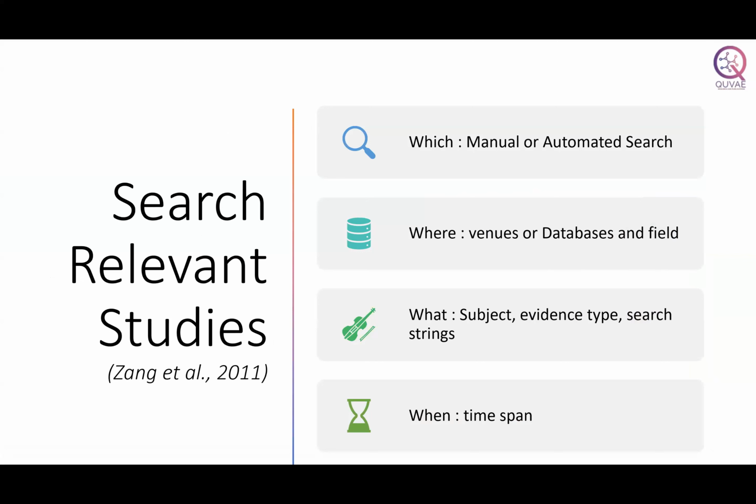So, what kind of database you want to look at, whether it is a manual search or an automated search, whether you have to find the venues or database and the field, what subject you are looking for, what kind of evidence or search string you have to use, and you have to specify also the time frame, whether you want to look at 5 years, 10 years, or maybe just the recent time.